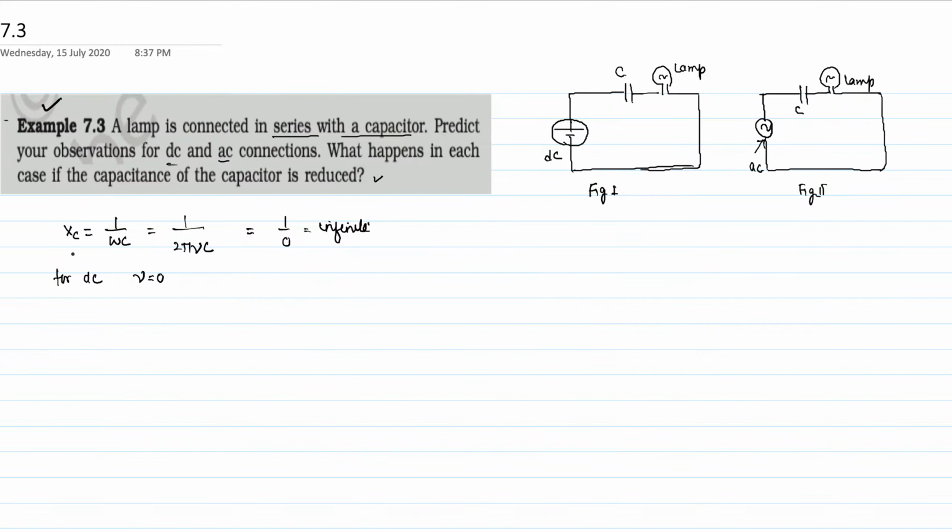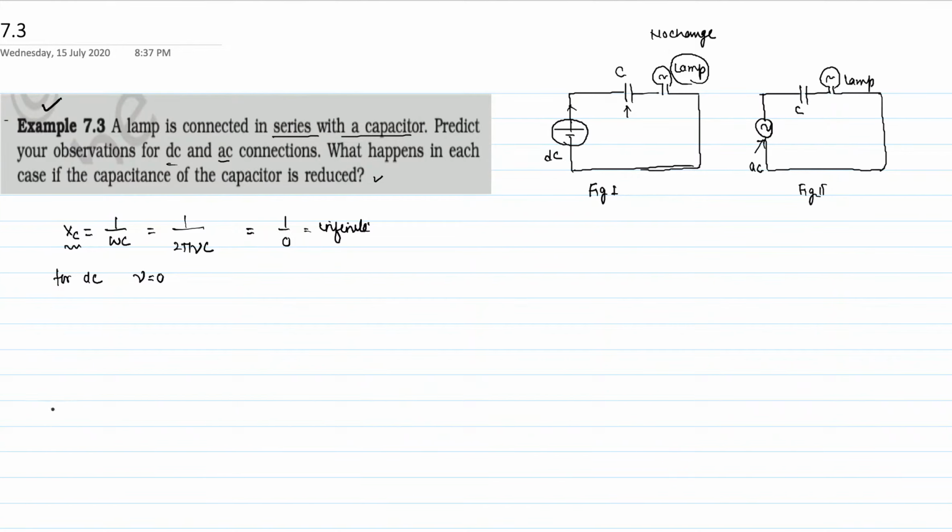This means that for DC current, the capacitor will show infinite capacitive reactance to the circuit. So the lamp will not glow. In the second case, if the capacitance is reduced, no change will take place.